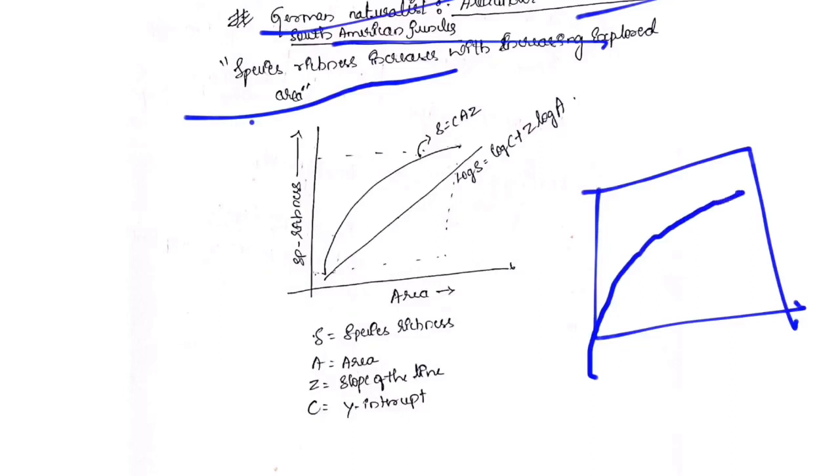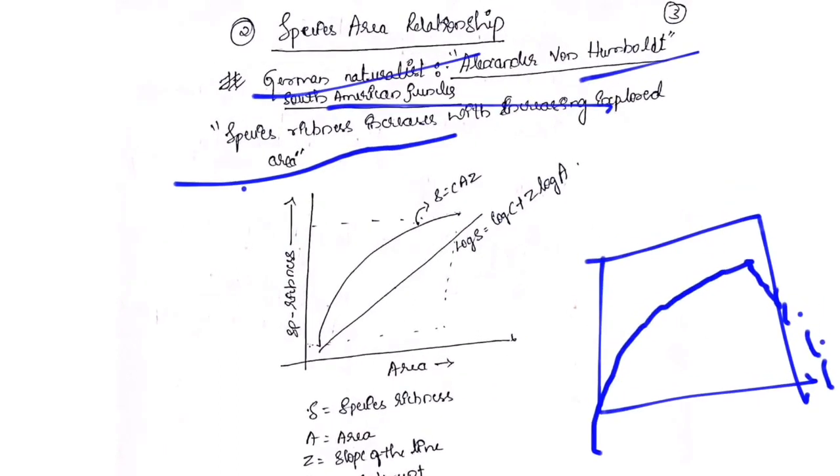After reaching that point, the species richness decreases. That is what Alexander von Humboldt has given, named the species area relationship.